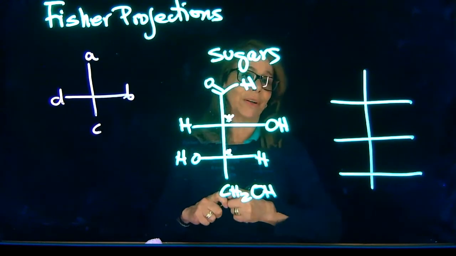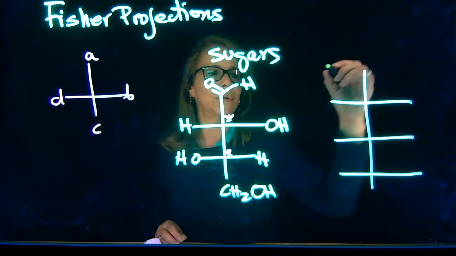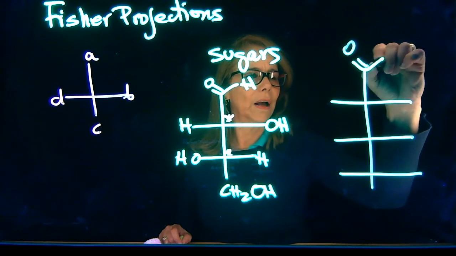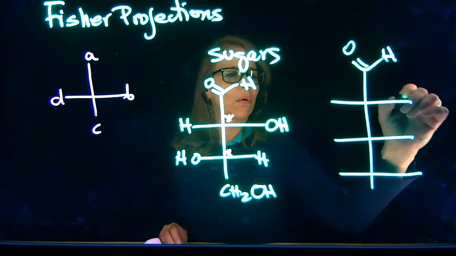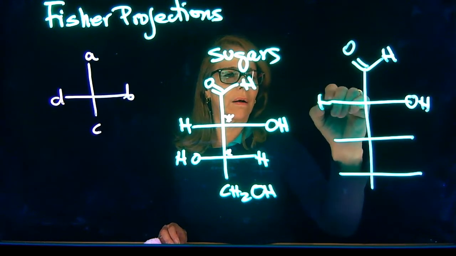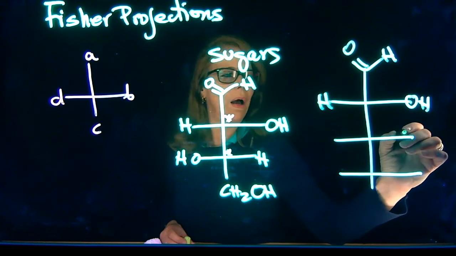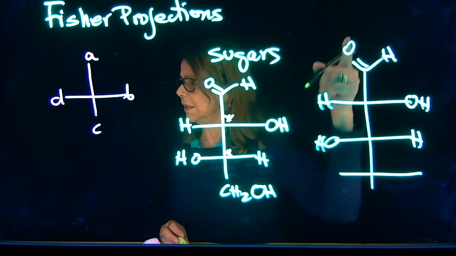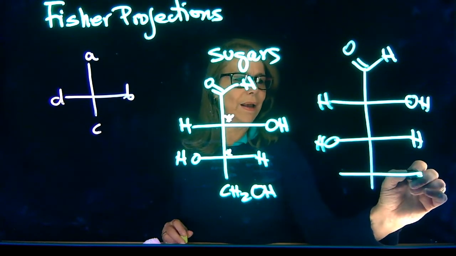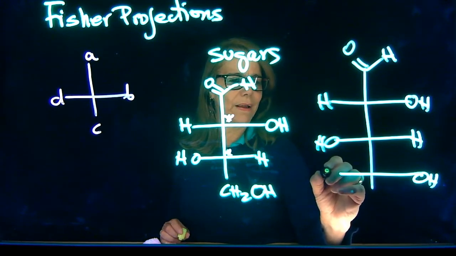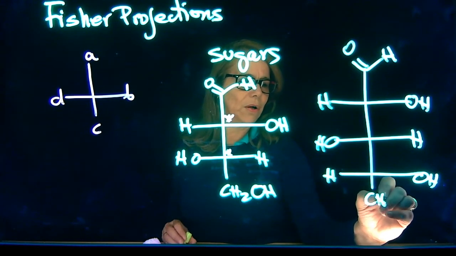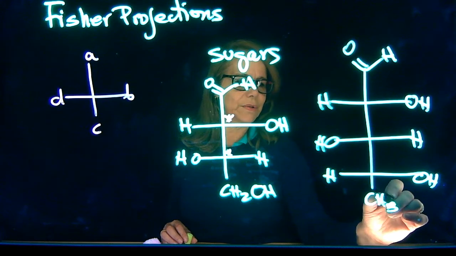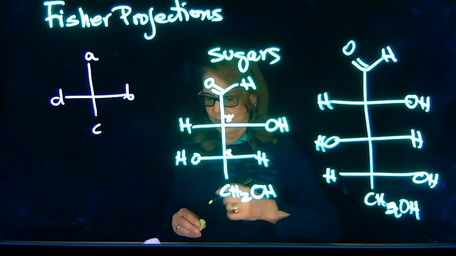And later on, we're going to learn how to designate the absolute configuration of those chiral centers. This is just an example of how this is used, and that's another polyhydroxyaldehyde. The difference here is that now I have 3 chiral centers, with CH2OH here.